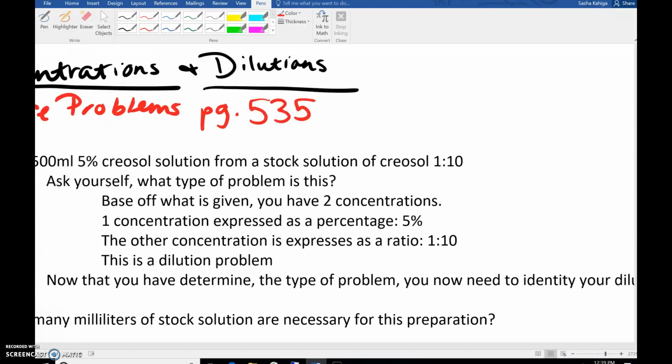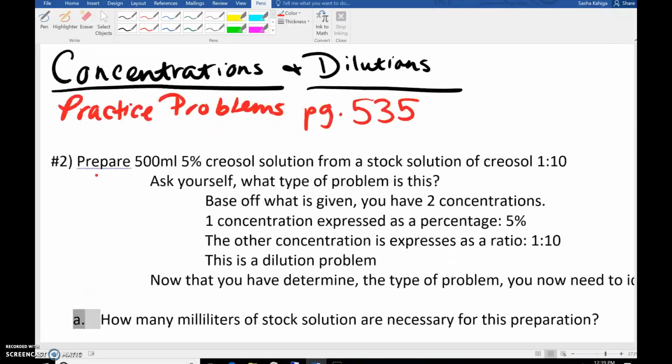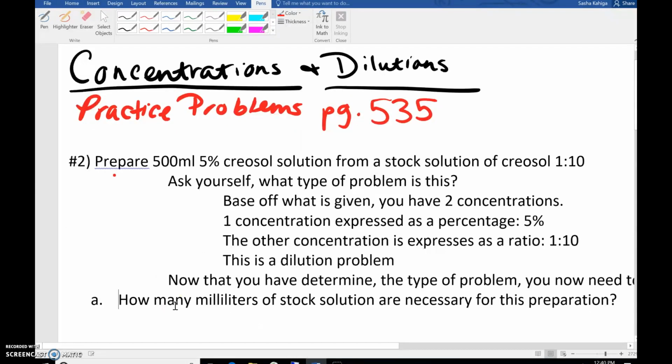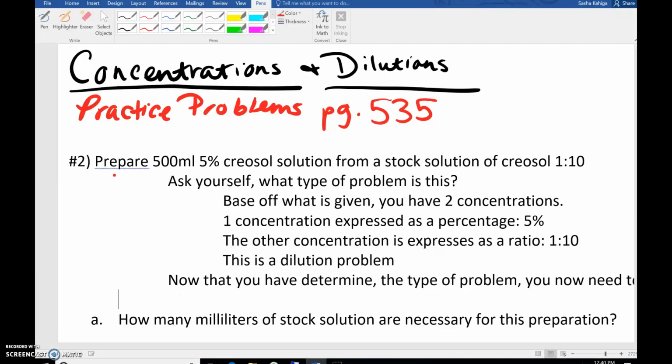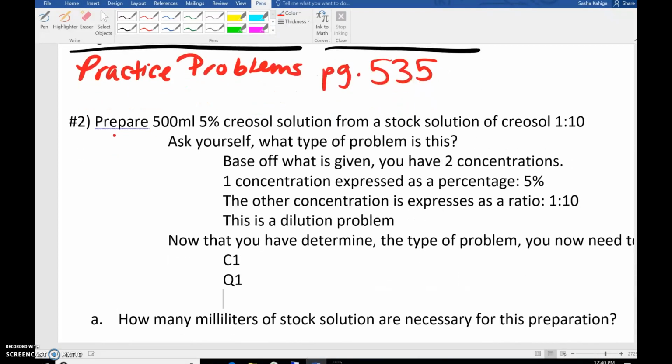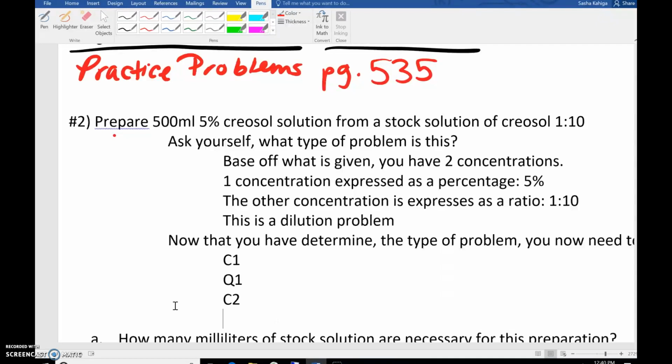In order to do that, we need to determine what's C1, what's Q1, what's C2, and what's Q2. Well, the question is, what's the definition of these four components? A C1 means it's the stock concentration.